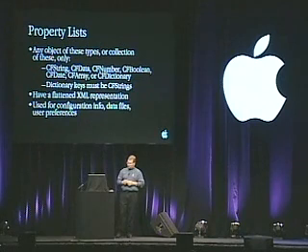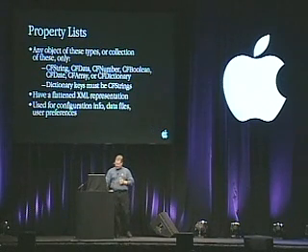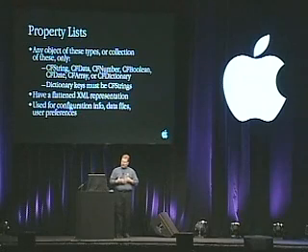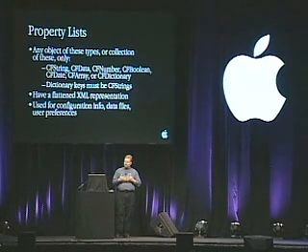For example, applications in macOS 10 are bundles, which are represented by CF bundle, and inside of a bundle is a property list, which is the configuration information for that CF bundle, for that application. We'll be discussing CF bundle later in this talk. I'm not going to go into it more right now.